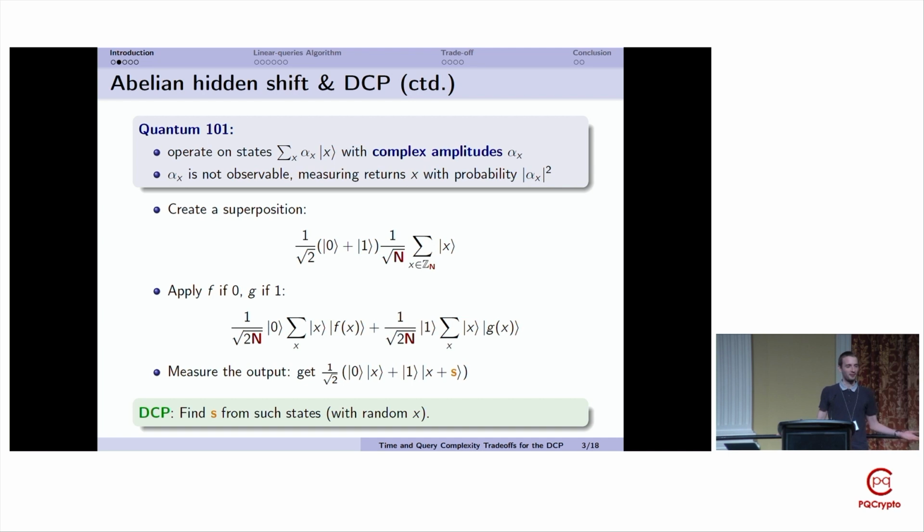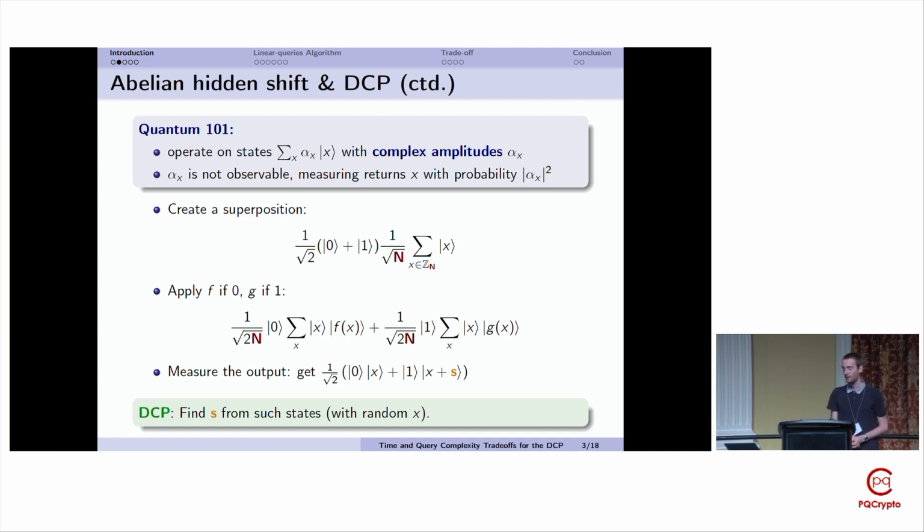We can't do anything with the amplitudes. They are not observable. We know that when measuring this, we can observe an x with some probability, which depends on the amplitude. But otherwise, we have to do operations which modify the amplitudes in order to find a good x when we observe.